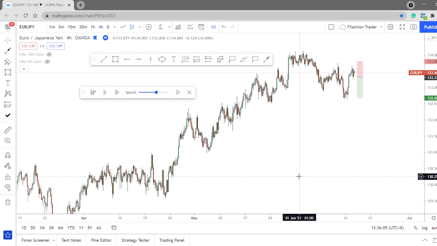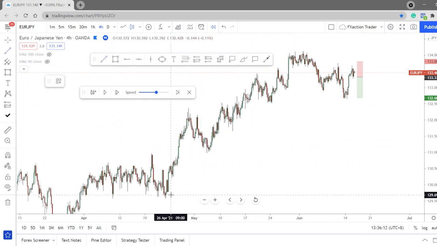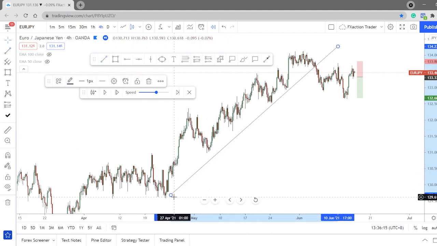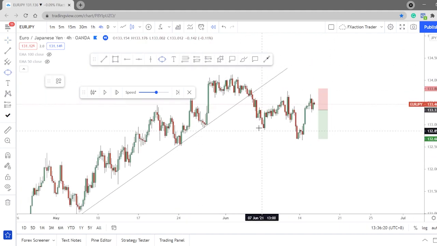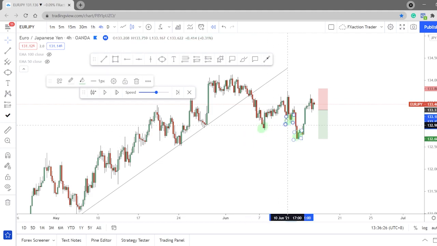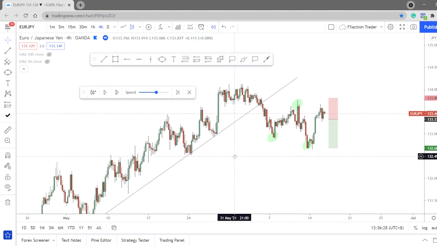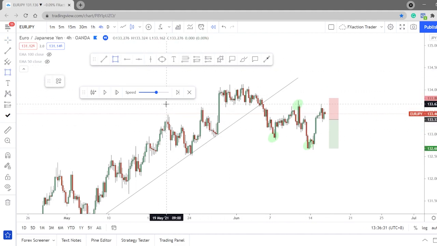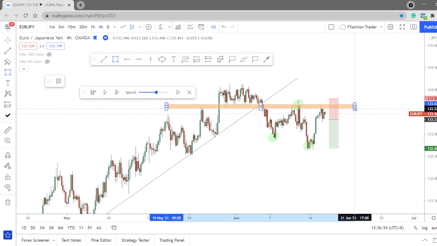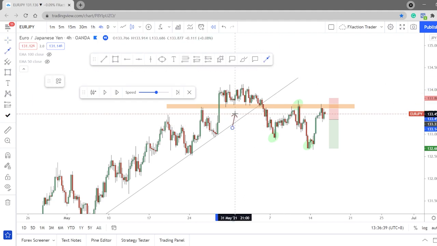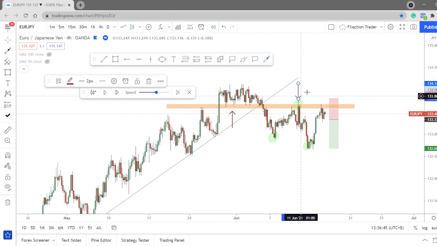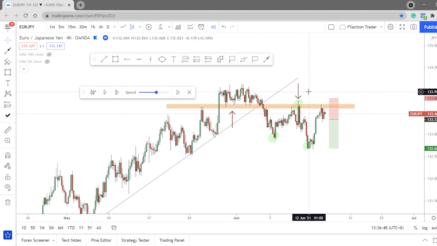On H4, we can see that the market again has broken this entire uptrend trend line, and a new low was formed, followed by another new lower low and also a new lower high. If we plot out our support and resistance area, this is the key level that we have to pay attention to, where this level was previously a strong support level that turned into a strong resistance zone on the H4 chart.